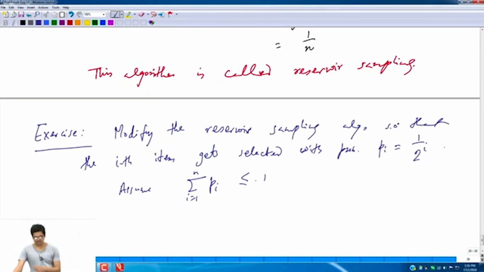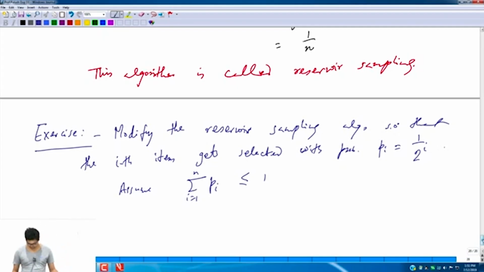In this case, if you set pi to be 1 over 2 to the i, then the total probability p1 plus p2 plus up to pn is not 1. It is 1 minus 1 over 2 to the n. So with some probability you don't output anything. Just modify the reservoir sampling algorithm so that you have this.